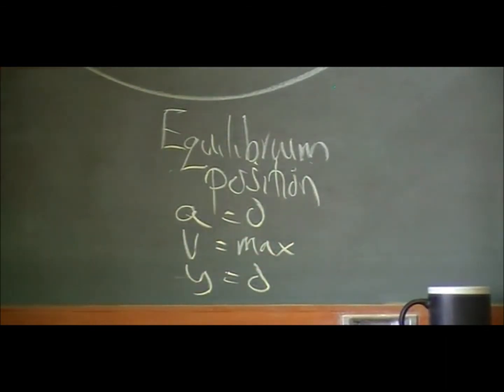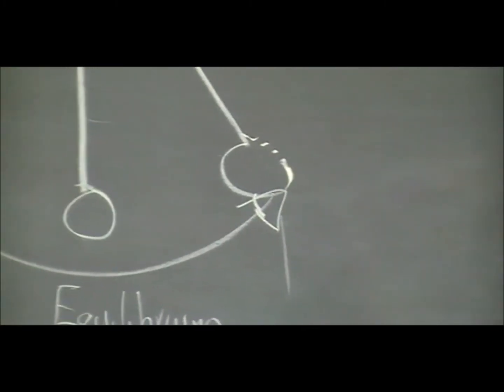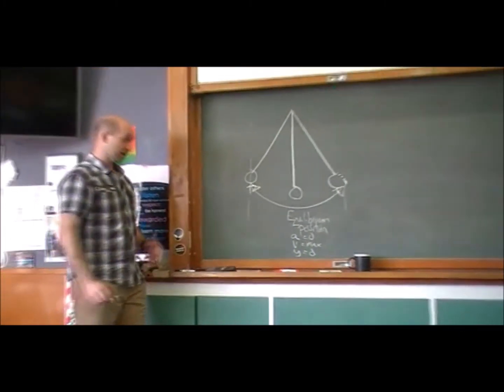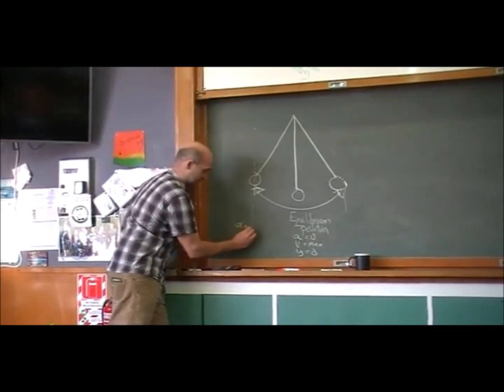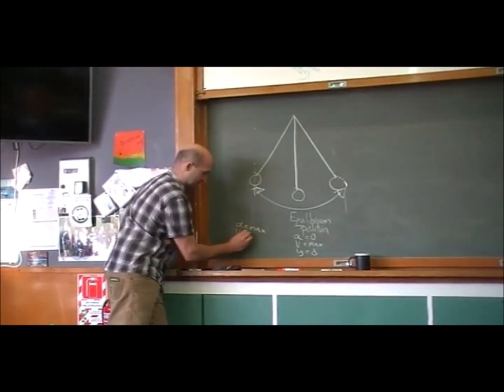And at each of these amplitude positions, what do we know about those values? a is max. v is 0. y is max.